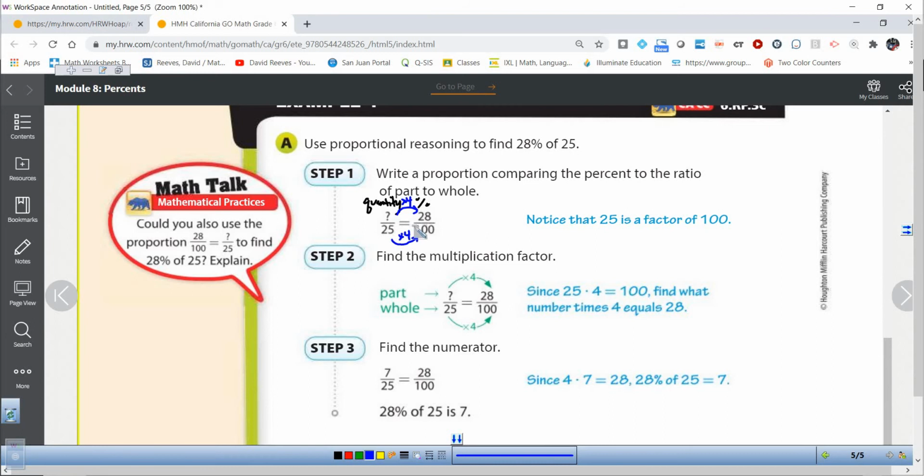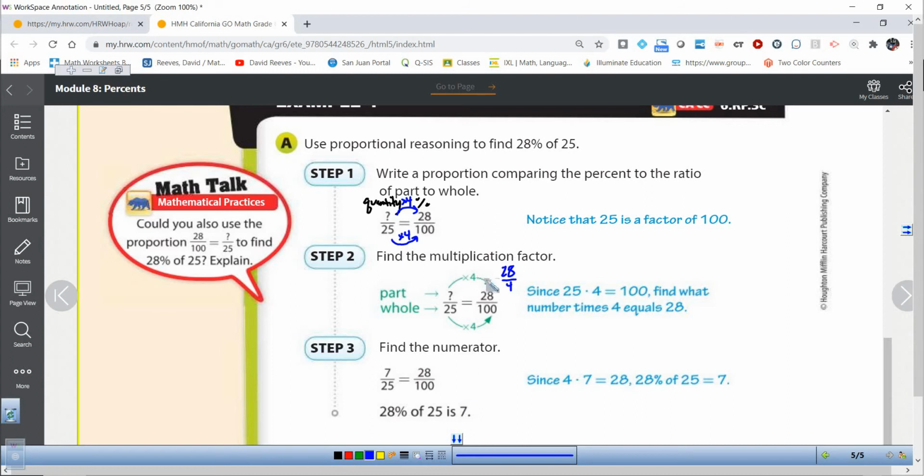And the answer is, if you have to figure out what to multiply by, you can divide, right? So what times 4 is 28 is the same as saying what is 28 divided by 4. And of course, 28 divided by 4 is 7, right?